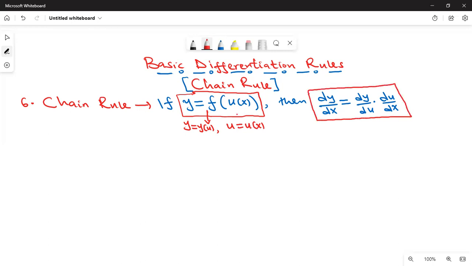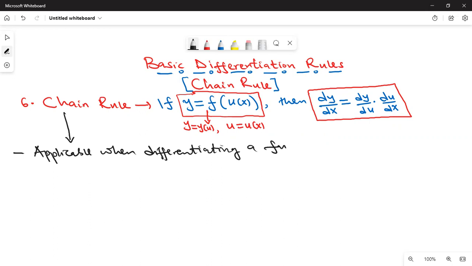So when do we apply chain rule? This rule is applicable when differentiating a function of another function.